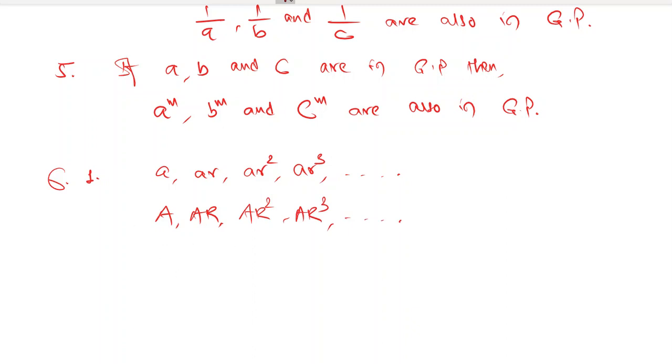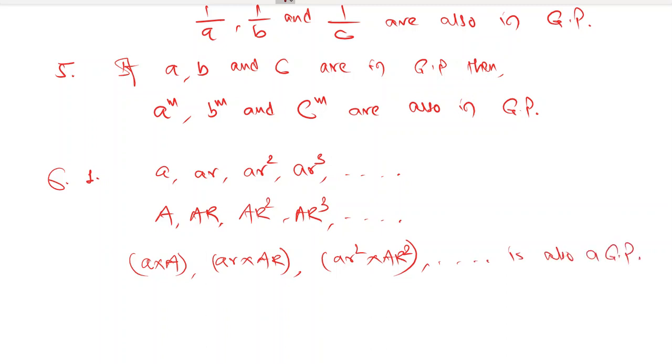If the corresponding terms of these two GPs are multiplied together, what do we get? We get A into capital A, then AR into capital A into R, AR square into capital A, capital R square, and so on, which is also a GP.